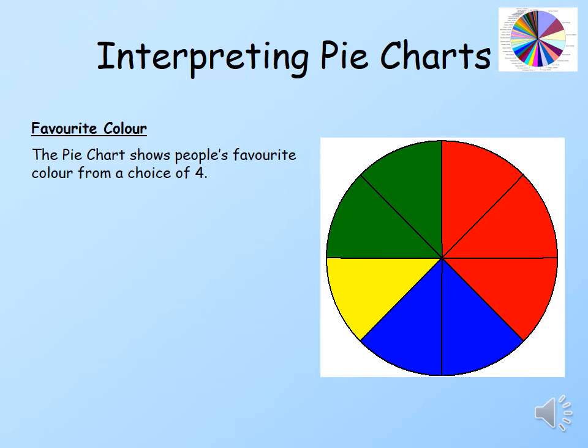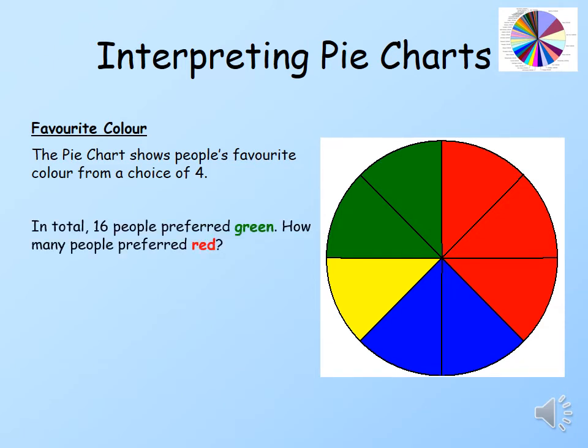So same information again. This time we need to read the information carefully, because we are not told the whole of the circle to start off with. It says in total 16 people preferred green. How many people preferred red?